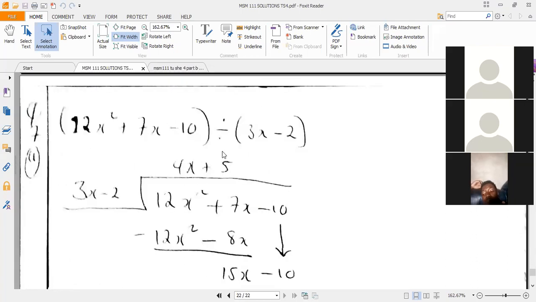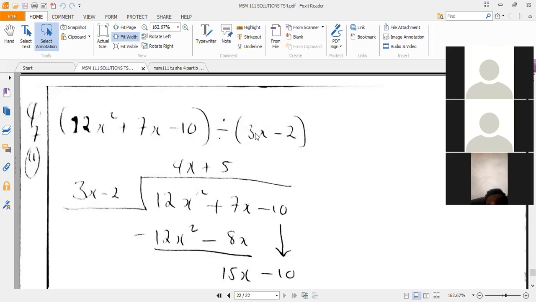Now, question 7 is asking us to find the quotient and the remainder for each of the following division problems. Here they have not specified which method you can use, isn't it? But we know that when the divisor here, the 3x minus 2, has a coefficient of 3 in front, it simply tells you that you shouldn't use synthetic division.